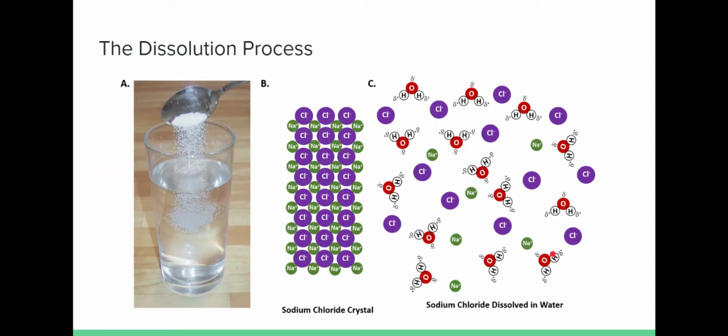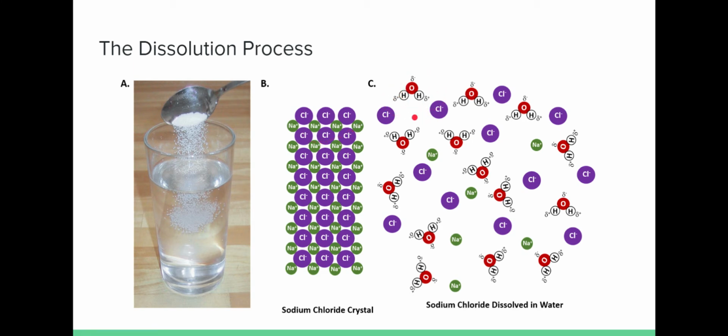During the formation of a solution on a microscopic level, we see on a macroscopic level that salt appears to dissolve when it touches water. But really what's happening is the salt is starting as a crystal lattice of alternating positive and negative charges.